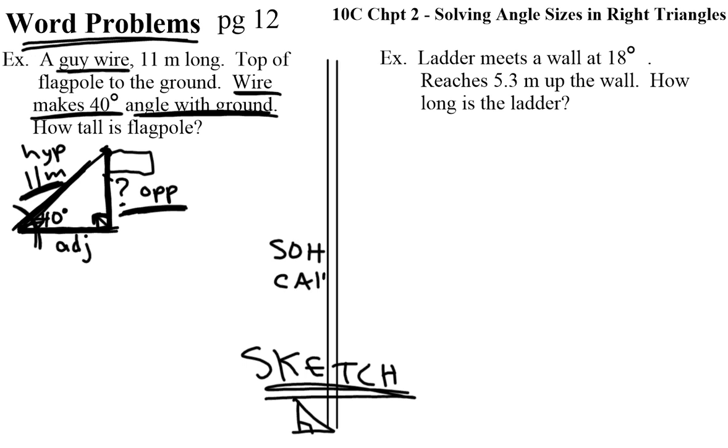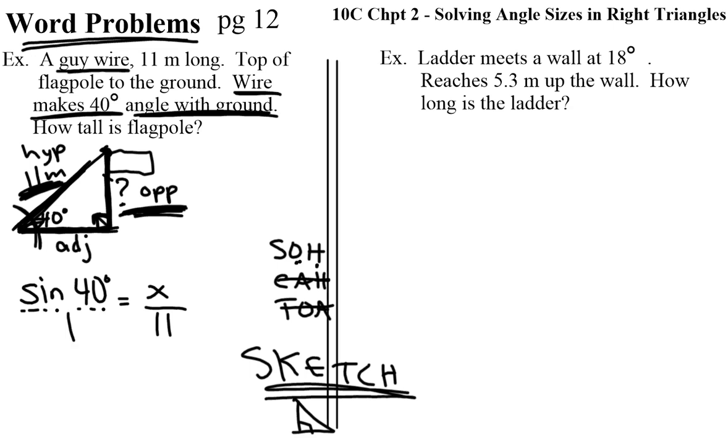So, SOH CAH TOA. What uses opposite and hypotenuse? Right there, sine. So there's what we need to use. Sine of our reference angle, which is 40 degrees. Opposite is unknown over the hypotenuse of 11. And how do we find a side length? We cross multiply.